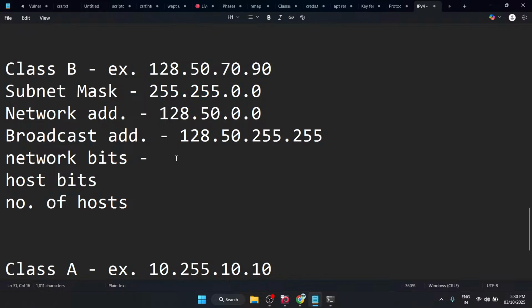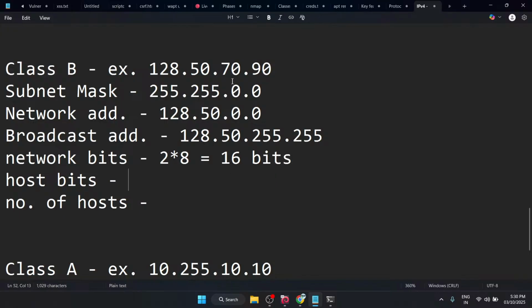So, total it's gonna be 2 into 8 because each octet is of 8 bits. 16 bits. 16 bits.